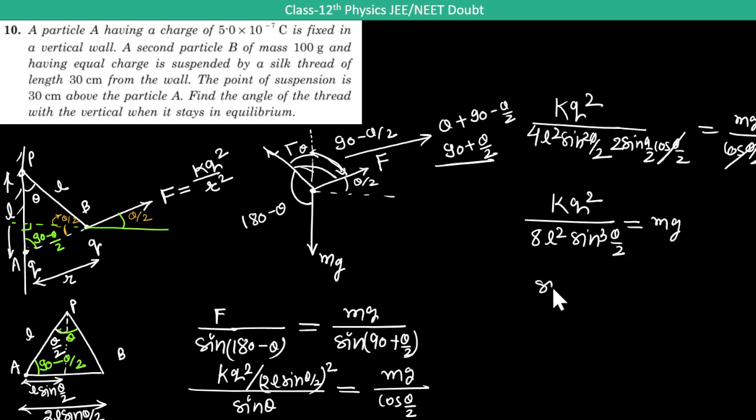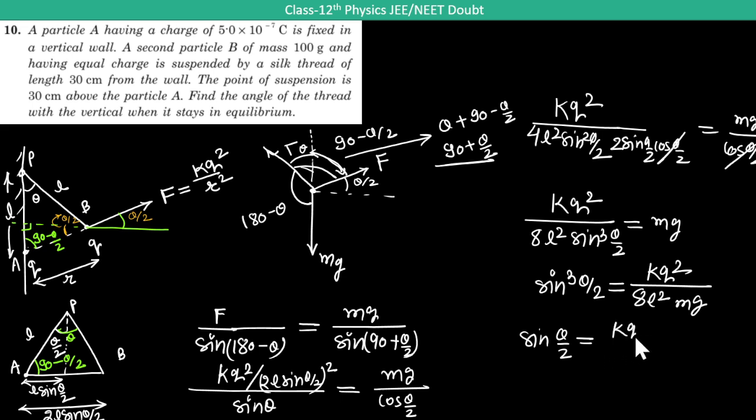So from here we can find the value of sine cube theta by 2, that is equal to kQ square divided by 8L square mg. Now finding the value of sine theta by 2, from this we can find the value of theta by 2 and theta also. So sine theta by 2 equals kQ square divided by 8L square mg, raised to power 1 by 3.